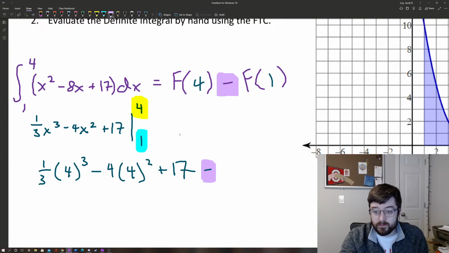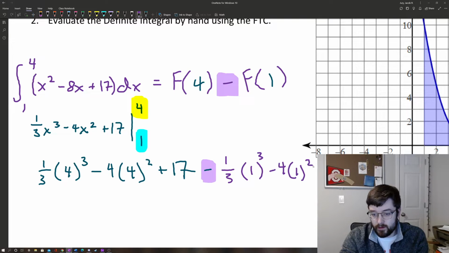It's the same general formula for the answer to an indefinite integral, but we're going to subtract 1/3 times 1 because we're evaluating with 1 now, minus 4 times 1 squared plus 17.